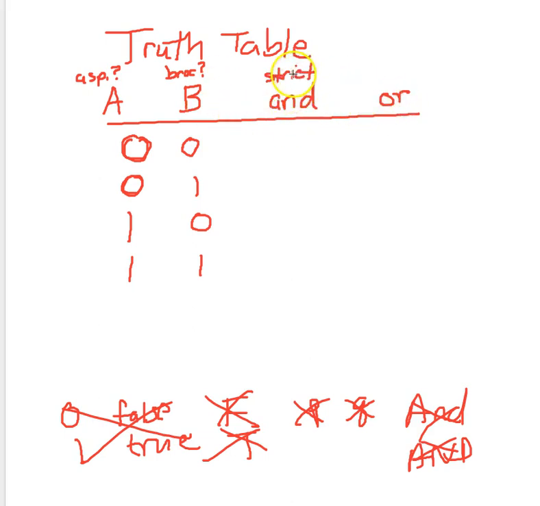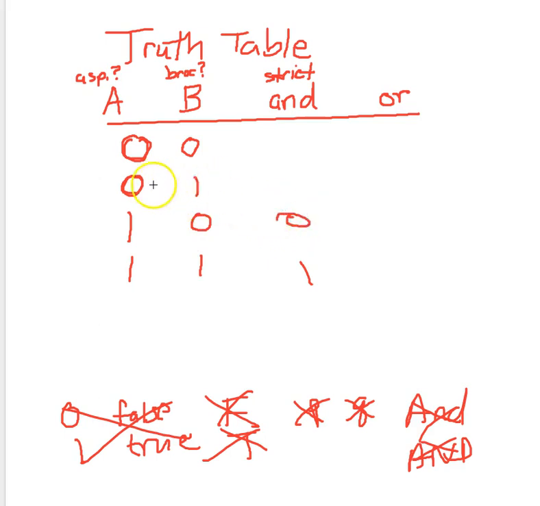So let's say we have a strict parent that says you only get dessert if you eat asparagus and you eat broccoli. Well, this child right here that does eat both does get dessert. This person that does eat asparagus, because the 1, which means true, is under the A asparagus column, but he or she does not eat broccoli, that person does not get dessert.